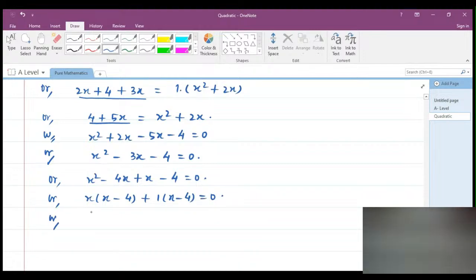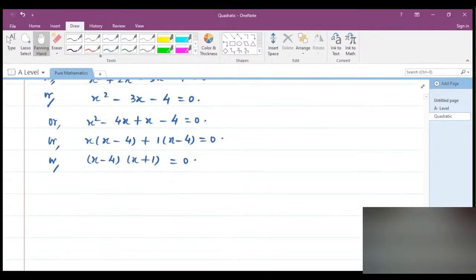So the next step will be x minus 4 into x plus 1 equal to 0. So the final step will be x equal to 4 and minus 1.